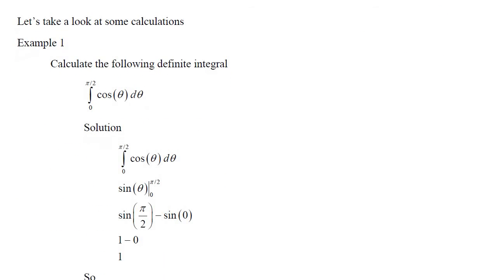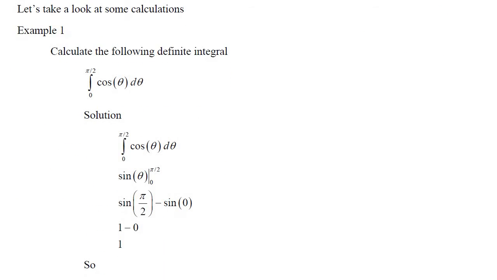Let's take a look at some more of these calculations. Let's say we want to calculate the definite integral from 0 to pi over 2 of cosine theta d theta. So finding my antiderivative of cosine, that gives me the sine of theta, evaluating that from 0 to pi over 2, plugging in my pi over 2 and then subtracting what happens when I plug in 0.